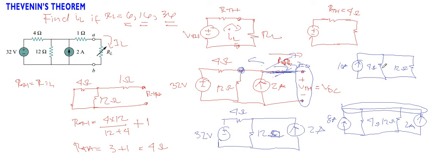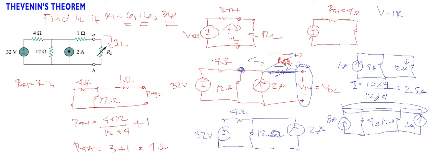Why did I use current division? Because we use V equals IR. I get the current here, then multiply it by the 12 ohm resistor, so I have VTH. So now we have 10 times 4 over 12 plus 4, which is 40 over 16, so we have 2.5 ampere.